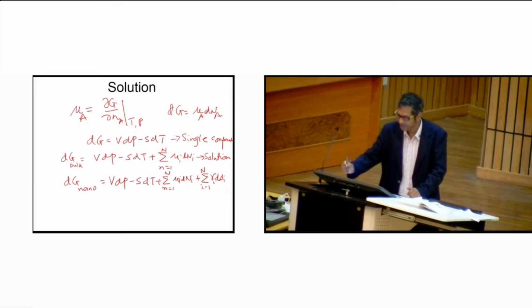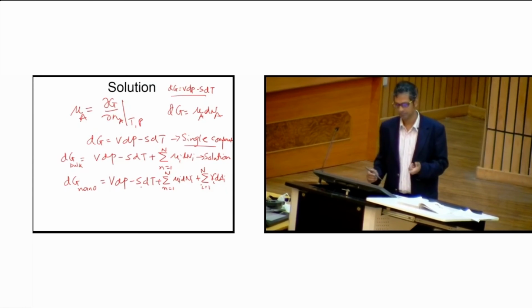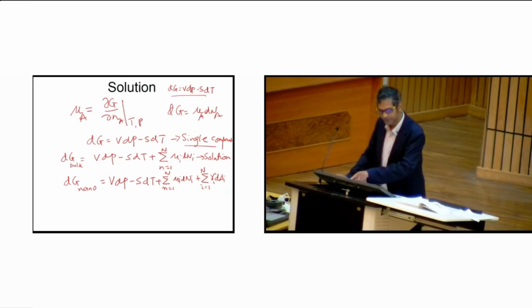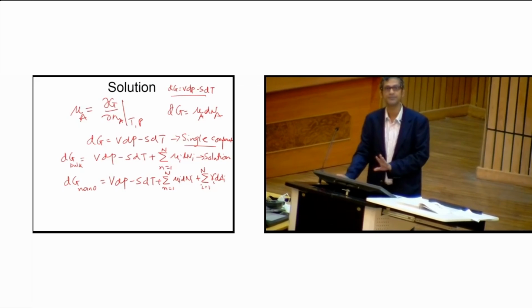We started in the last lecture with dG equal to VdP minus SdT, right? That's what this equation is. And then we landed on a new equation. We have added chemical terms, we have added surface energy terms.